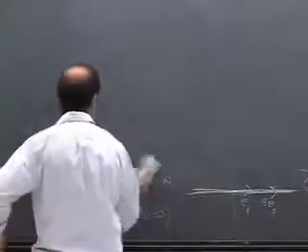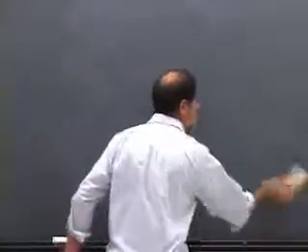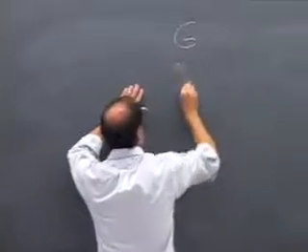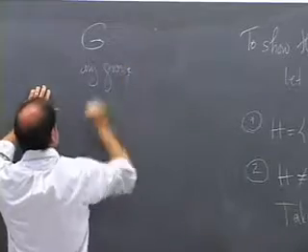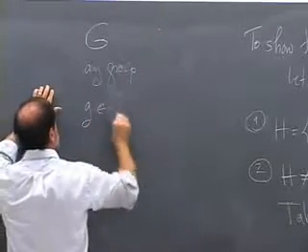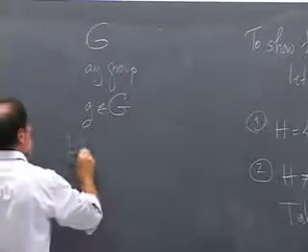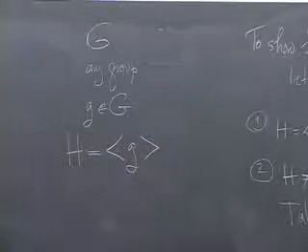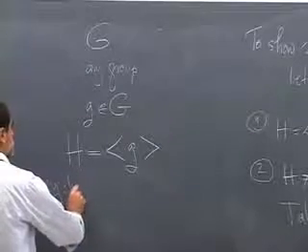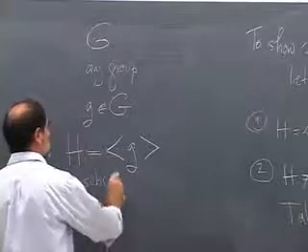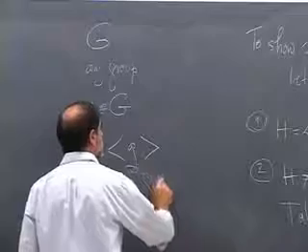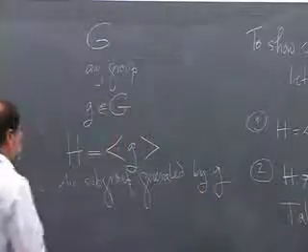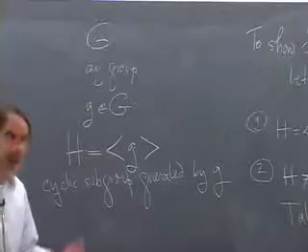So I want to talk about a certain type of subgroup that you get. If you have any group G and you have an element g in G, there's a natural subgroup, which is sometimes called the cyclic subgroup generated by g, which consists of all products of g with itself.